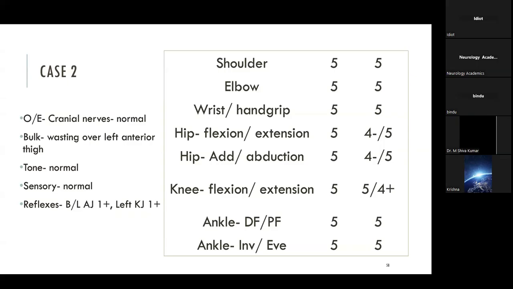Because hip flexion is weak and adduction is weak, this is upper lumbar plexus. Femoral and adduction weakness is there.